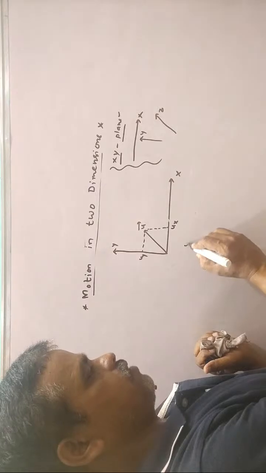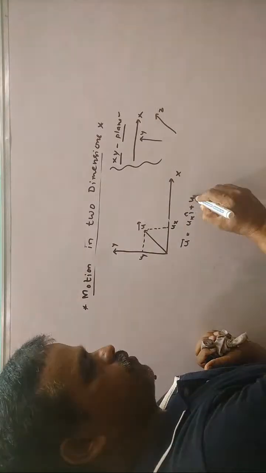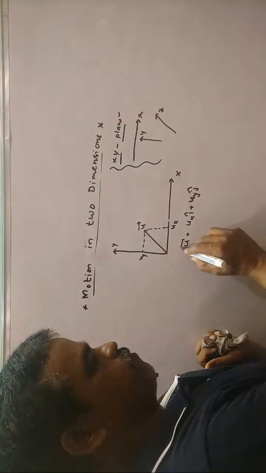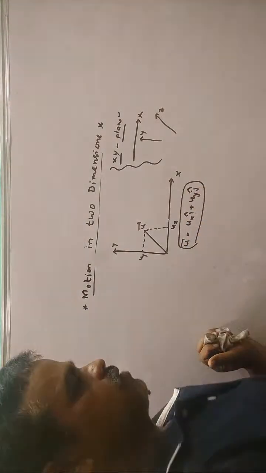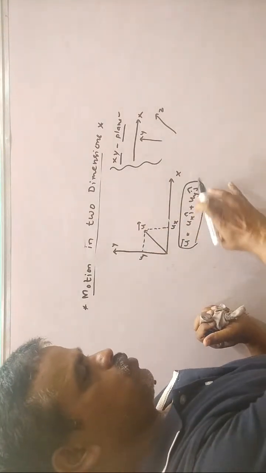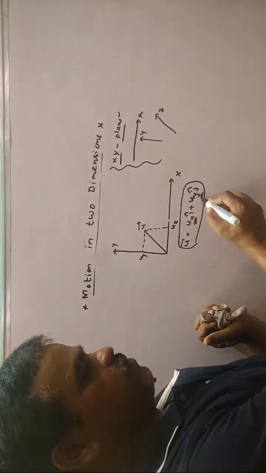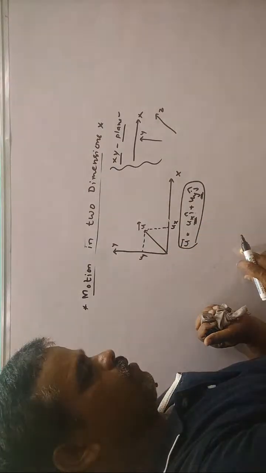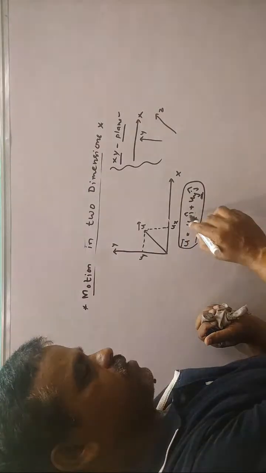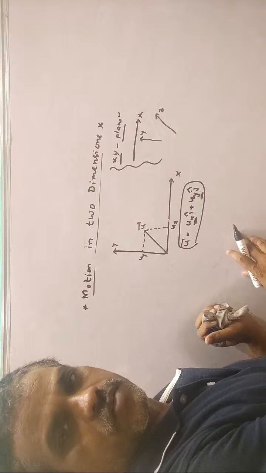So we can write velocity as ux i component plus uy j component. Like this we can split the velocity vector into two components. So the vector u is ux i cap plus uy j cap.